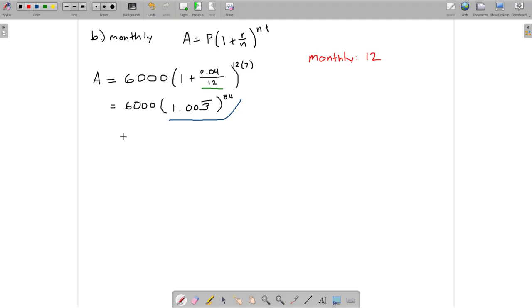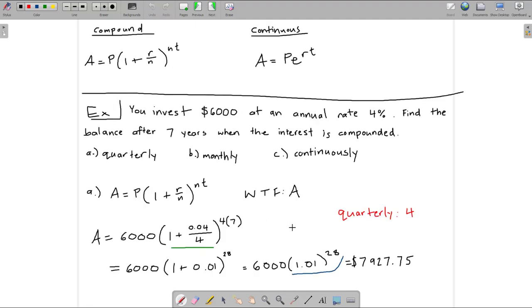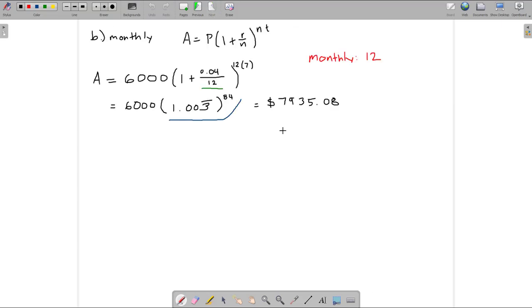So I would advise doing this yourself at home also, so you can check and make sure you're getting the answers that I'm getting. But I get 7935.08 if I'm rounding to 2 decimals. So we can see that this monthly compounded interest is a little bit more than our quarterly compounded interest, right?